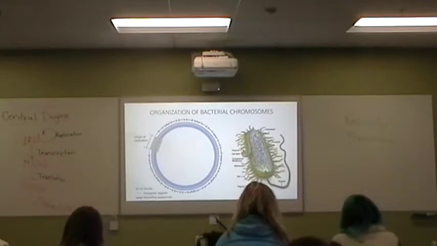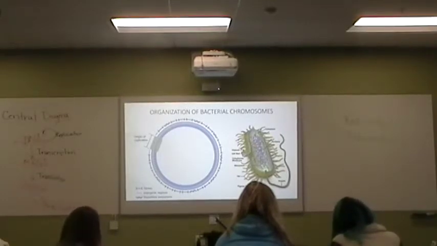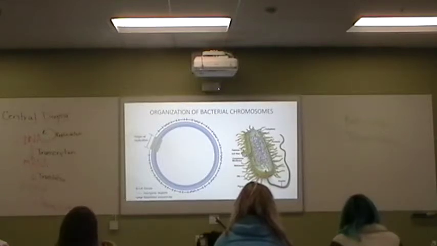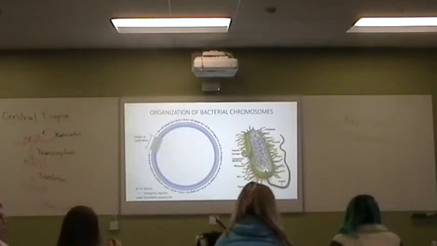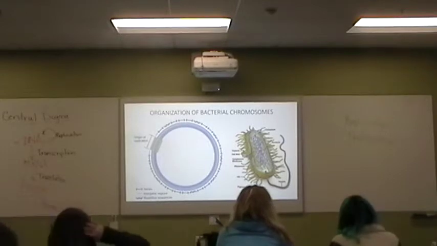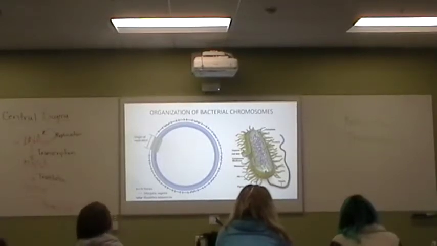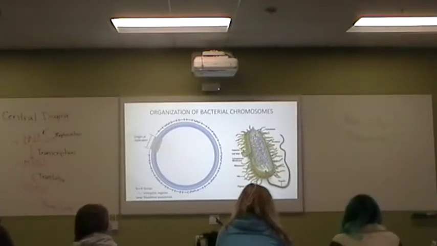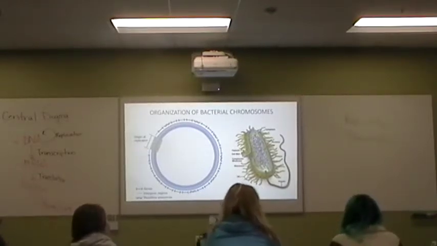Okay, prokaryotic cells don't have a nucleus. What else? They lack membrane-bound organelles. What else? Unicellular and multicellular. Say that again? Unicellular and multicellular. Typically, they're unicellular. What about their chromosomes? There's no variation.